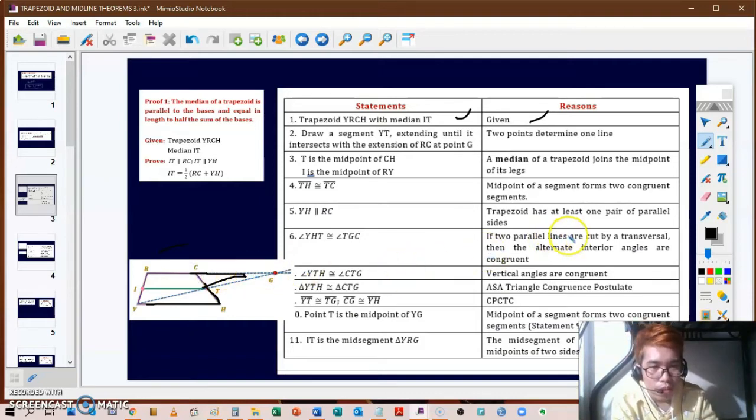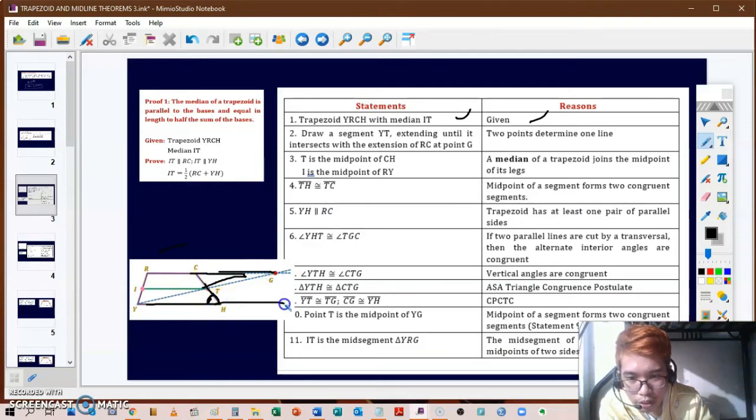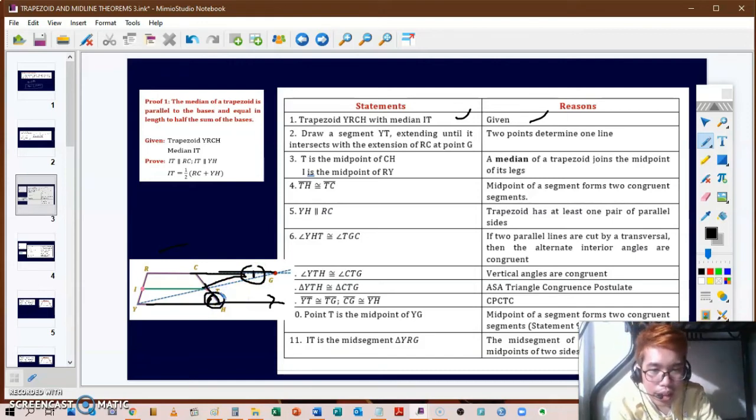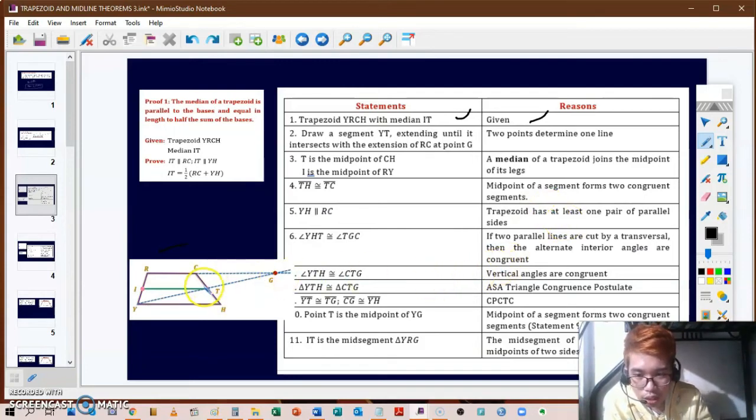If 2 parallel lines are cut by a transversal, then their alternate interior angles are congruent. And then we have YTH and CTG. YTH and CTG are congruent because they are vertical angles.